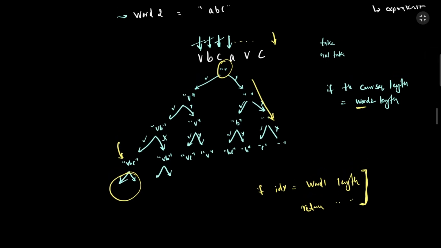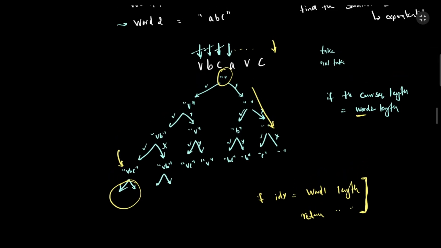All right, now what are the variables we are taking over here? We are taking one variable, index, and at each state we also have the current sequence. I think only these two are the variables, and we have drawn the recursion tree.